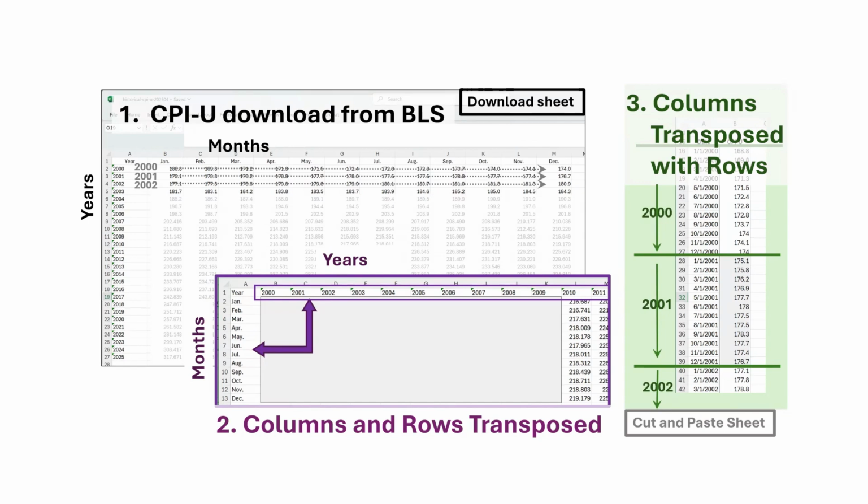The three I want to cover are just manually cutting and pasting, or dragging and dropping data around, moving around manually. I want to show you how to do it with the very powerful INDEX MATCH function.